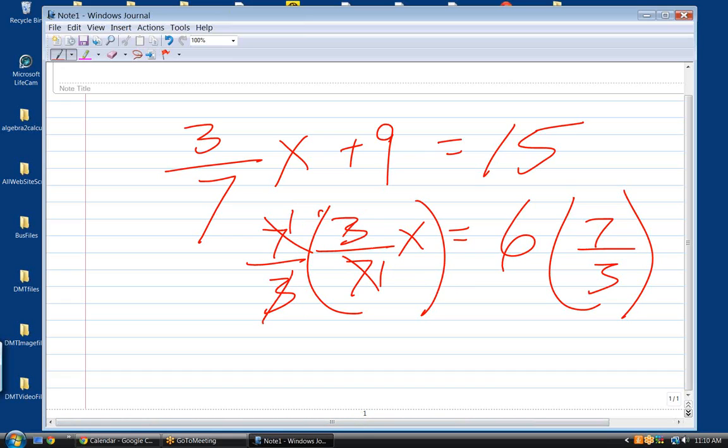The 3s cancel and are replaced with 1s. And so the left side immediately becomes x whenever you multiply it by the reciprocal of this fraction. And the right side, I don't have to multiply 6 times 7 and 42 and then figure out how to divide 42 by 3. What's an easier way to do this operation on the right side?